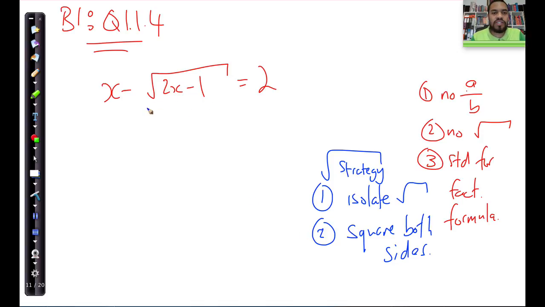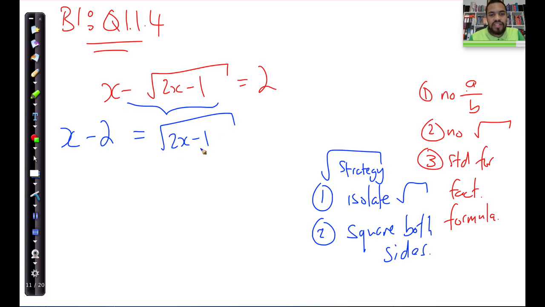Let me bring that 2 to this side. I'm going to get x minus 2, and let's take this entire root over to the other side. What we're really doing is adding the positive root to both sides. So when I add the positive root, I get 2x minus 1.